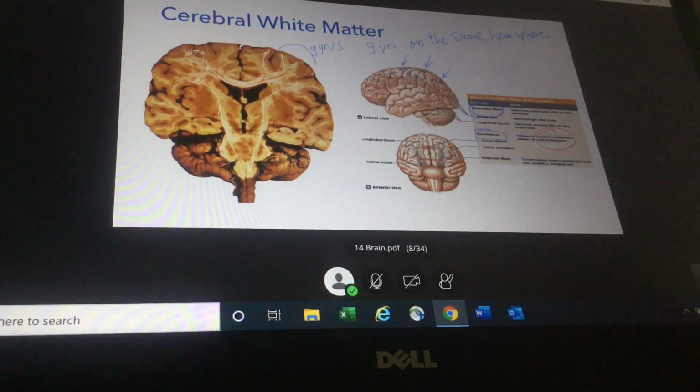They connect the cerebral cortex to other parts of the brain or spinal cord, other parts of the central nervous system that are not part of the cerebrum itself. Okay? So these are 3 different forms of white matter that communicate differently.